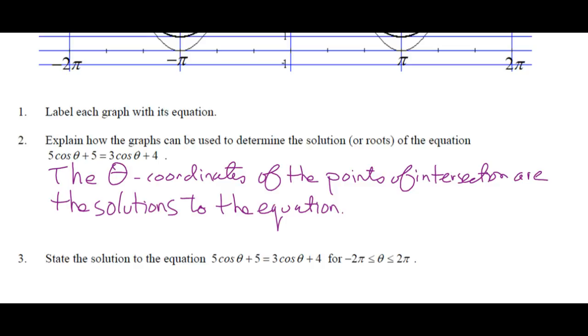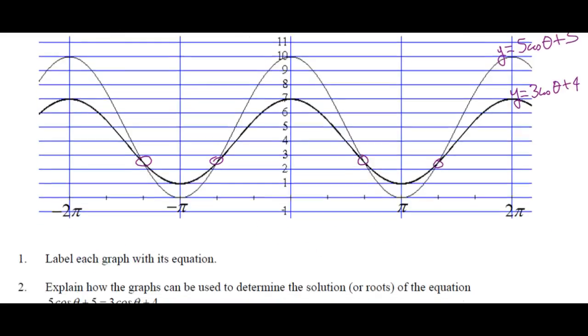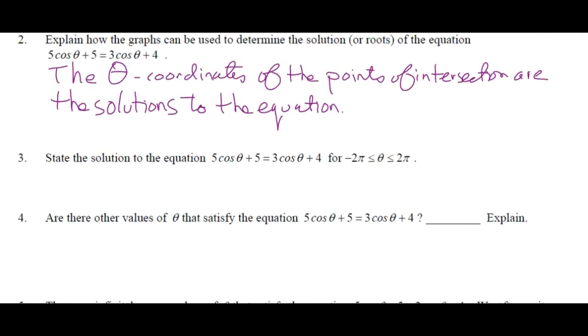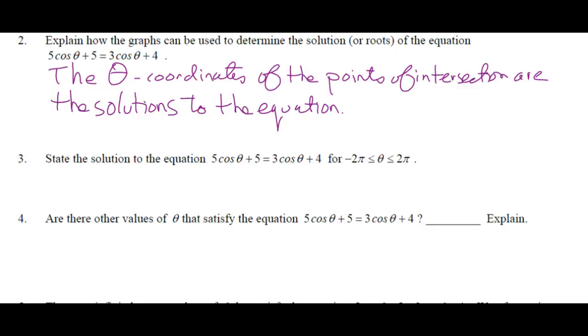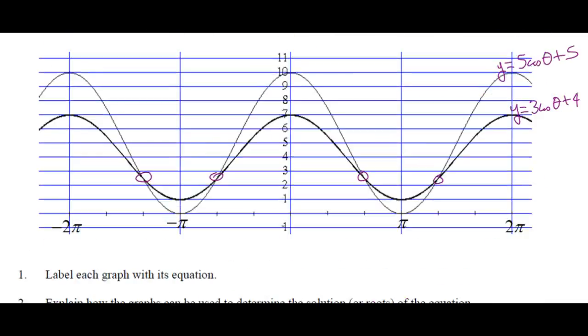Okay, so we know the y values are the same. We're interested in what theta value gives me these y values, makes 5 cos theta plus 5 equal to 3 cos theta plus 4. State the solution to the equation for negative 2 pi to 2 pi.